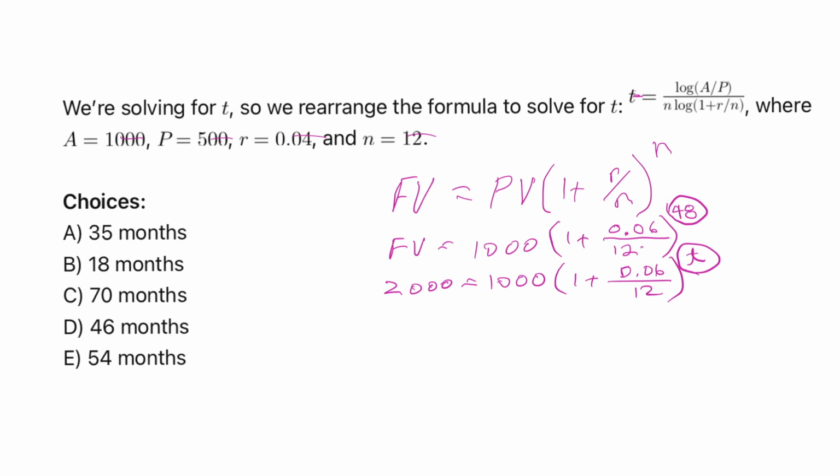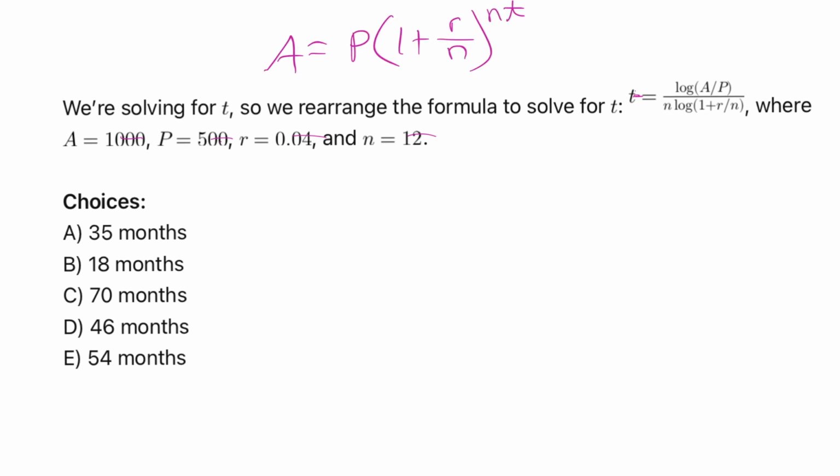Well, if we take the equation that we have here, A is equal to P times 1 plus R over N raised to the NT power, what we would do is first divide the P over. So now we're going to have A over P is equal to parenthesis 1 plus R over N raised to the NT power. All we really want is that one number.